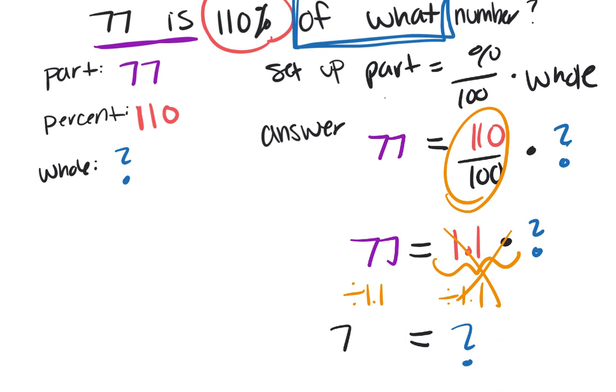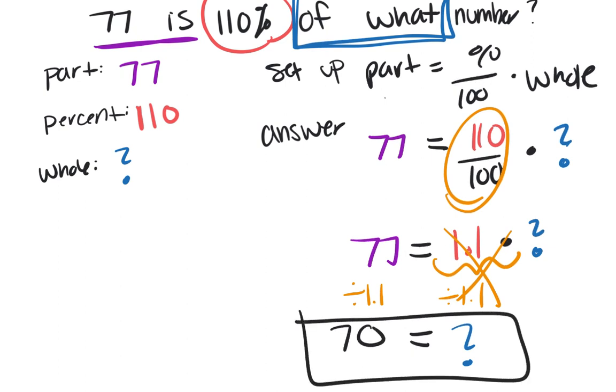I mistyped it in my calculator. And once again, we get 70. So sometimes it's good to check that you're typing it in right. Make sure you're using your tools appropriately. My goodness. So 2 different ways to do it. Finding the whole, what it's out of.